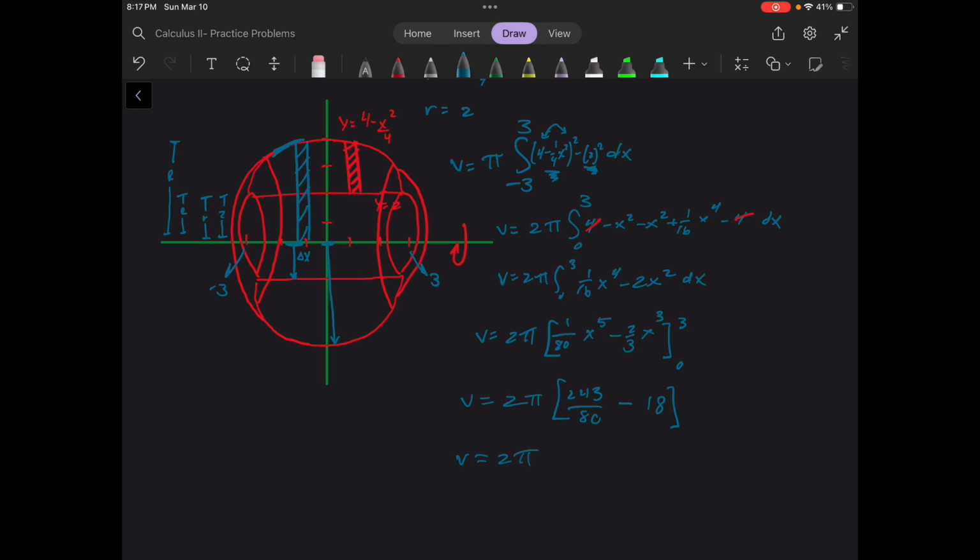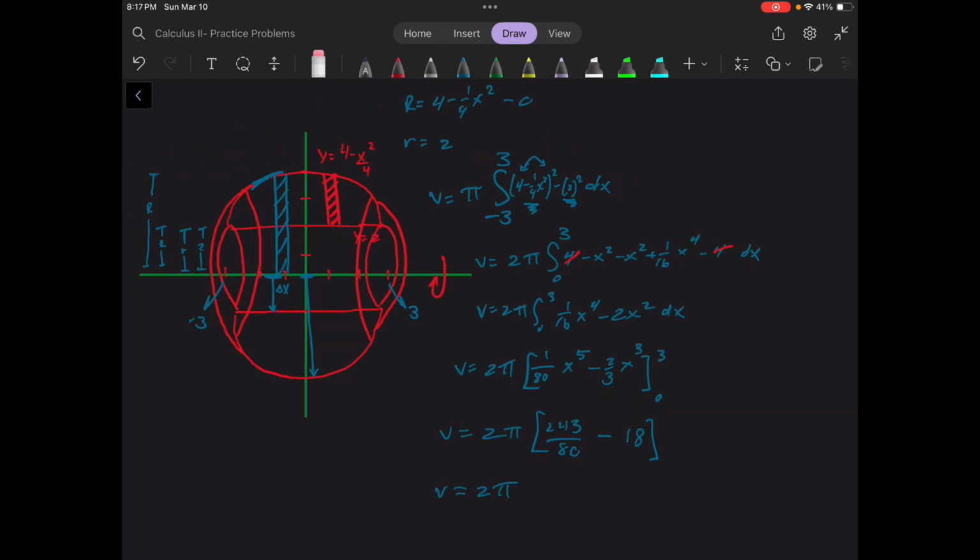oh, but you know what we messed up here is that when we square this 4 right here, we should have a 16. So this right here, instead of being a 4, should have been a 16, which means that 16 minus 4 would have netted us another 12 inside the integral.